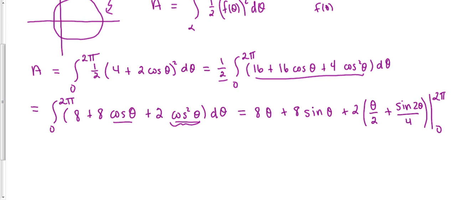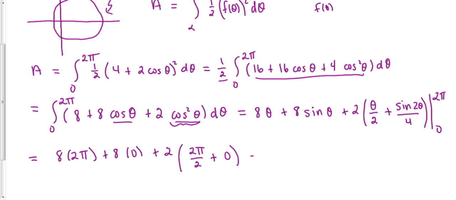So I think we're ready to substitute in our upper limit. That's going to give me 8 times 2 pi plus 8 times the sine of 2 pi, which will be 0, plus 2 times 2 pi over 2, plus the sine of 4 pi, which is again going to be 0, minus this whole thing with 0 substituted in.